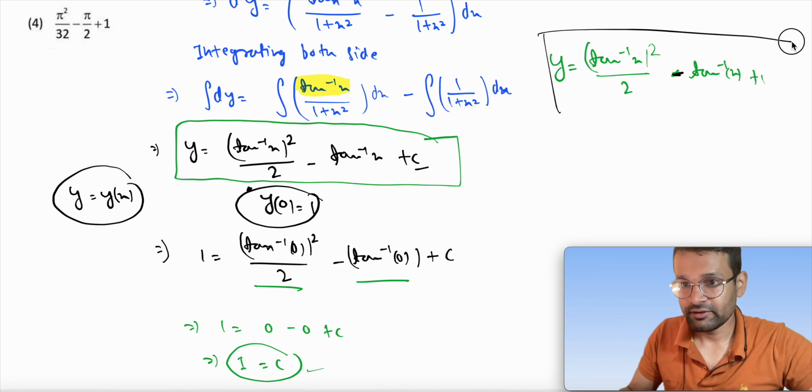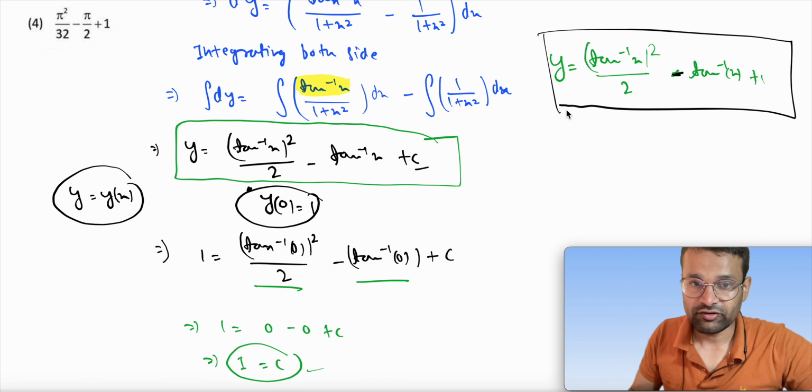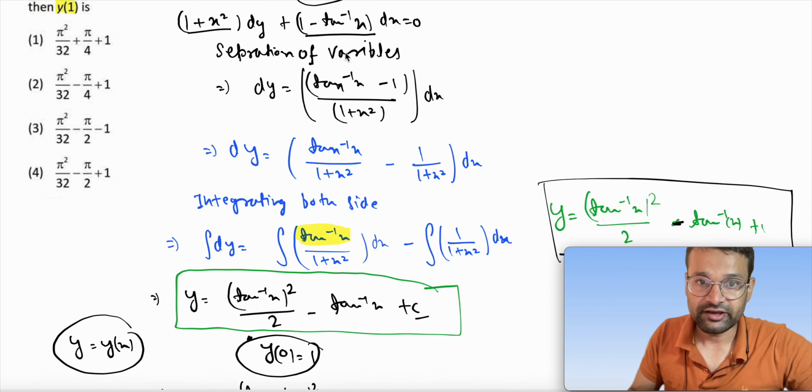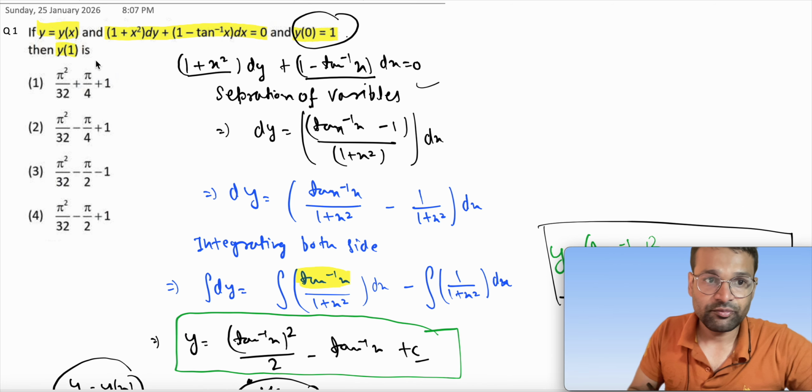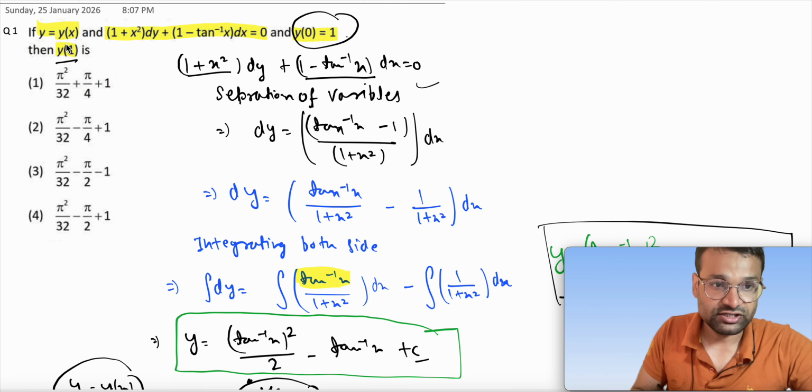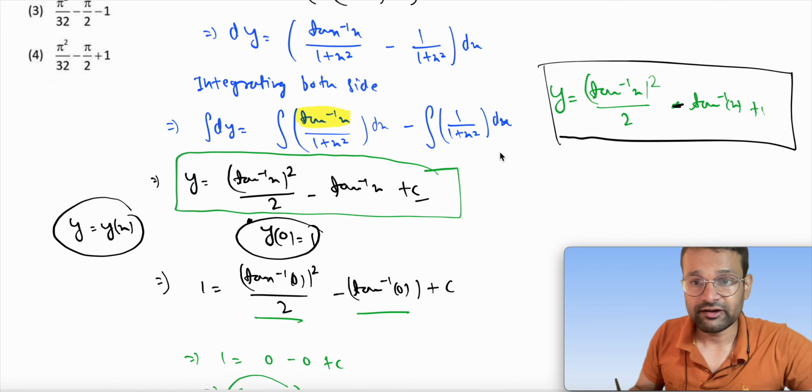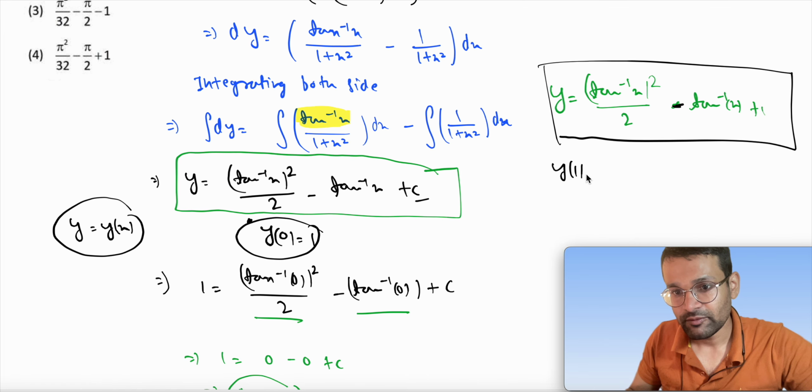This is the equation of the curve derived from the given differential equation. Now the question asks for the value of y(1). How do we find the value of y(1)? We simply put x equal to 1.